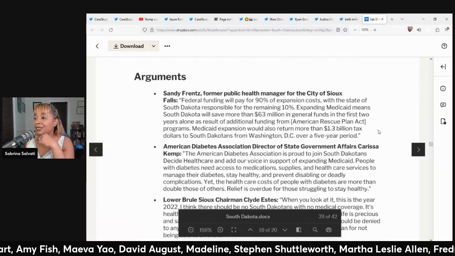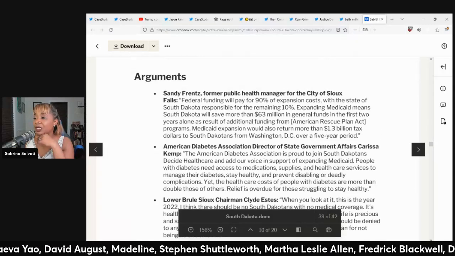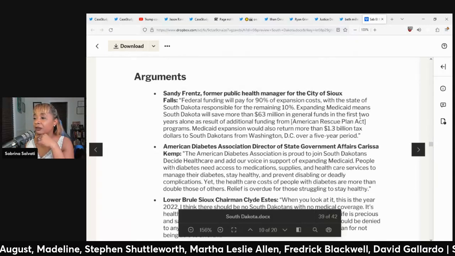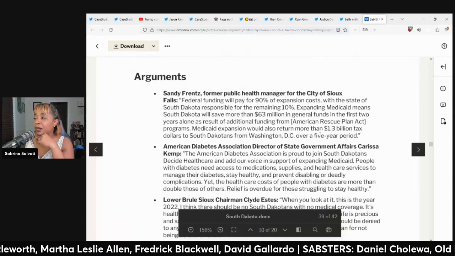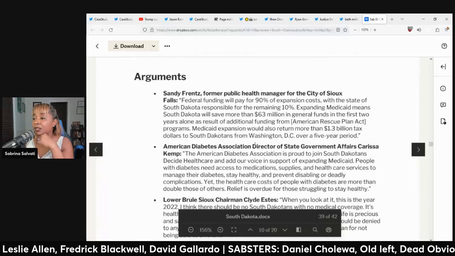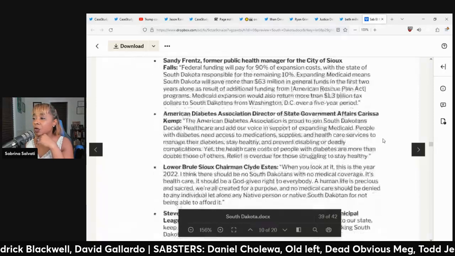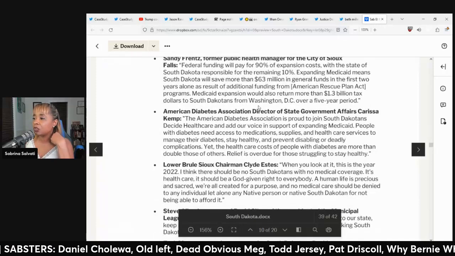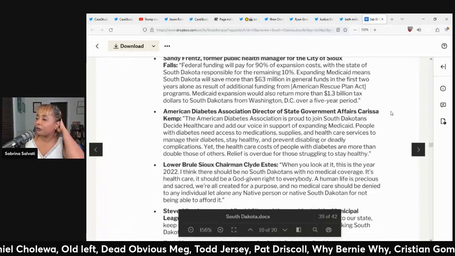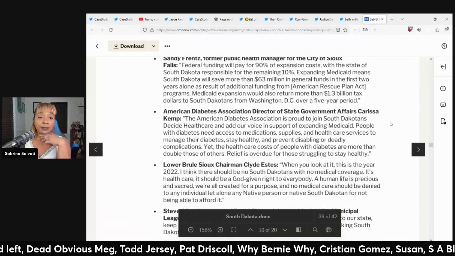Expanding Medicaid means South Dakota will save more than $63 million in general funds in the first 2 years alone as a result of additional funding from the American Rescue Plan Act programs. Medicaid expansion would also return more than $1.3 billion tax dollars to South Dakotans from Washington, D.C. over a 5-year period. So interesting.